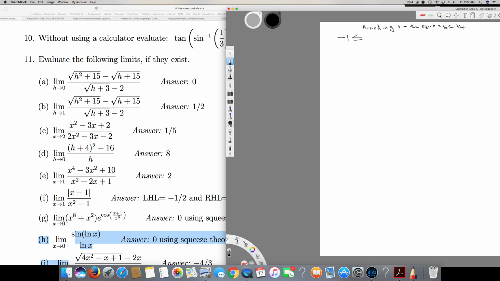So negative 1 should be less than cos of 1 over x to the power of 6, which should be less than 1. So this is my cos, and it should be below 1 and above negative 1. Now what I have to do is simply put these values right here.